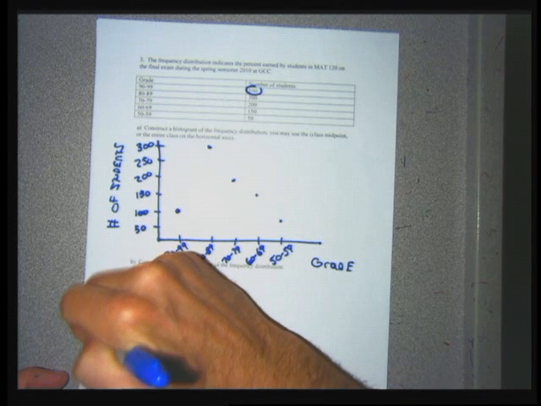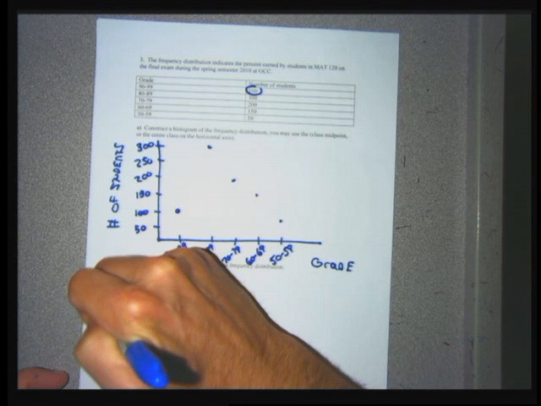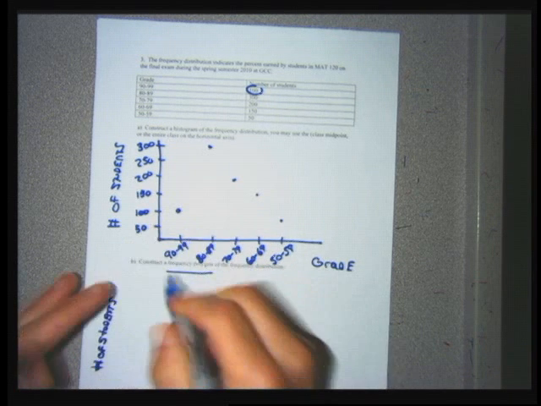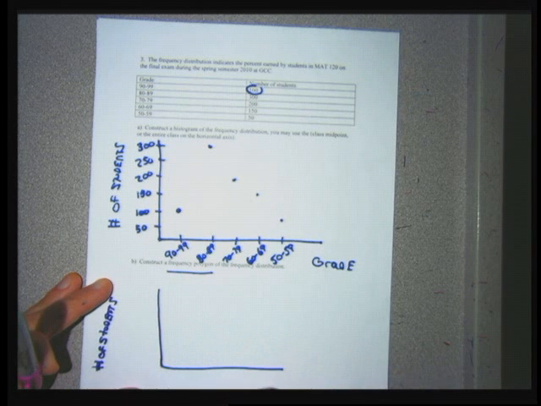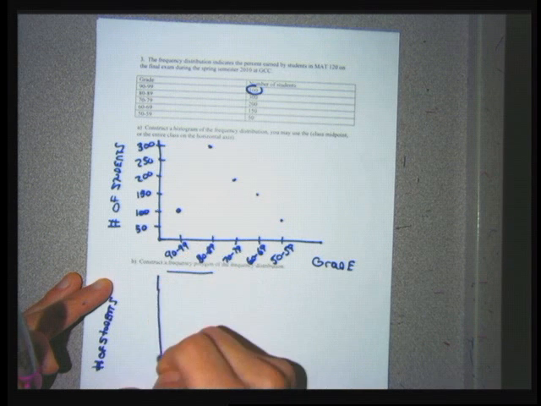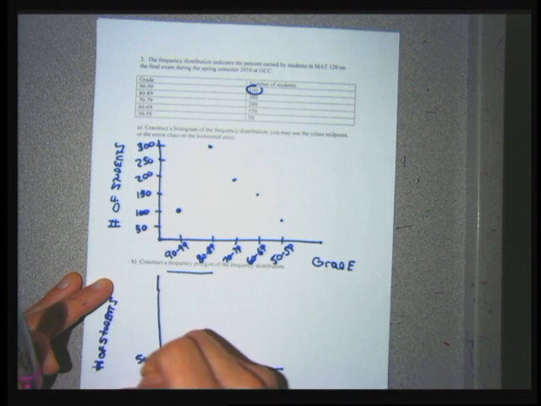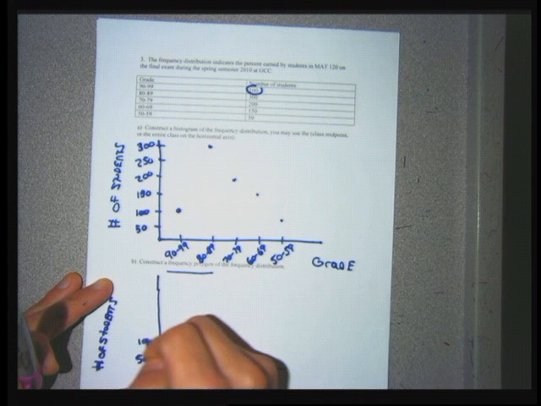So when I go to do part B of this question that asks me to take the same data and make a frequency polygon, the beginning of what I'm going to do is identical.